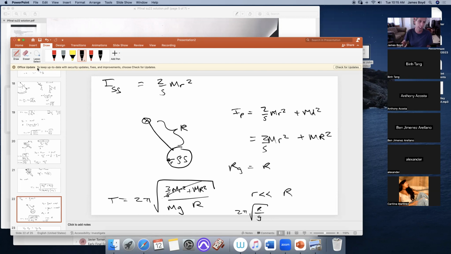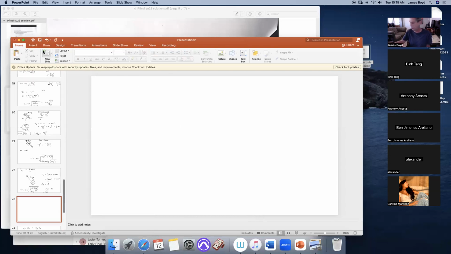For instance, imagine, and we'll do this in a minute, that you have a massless rod. The rod has no mass, but I have a point mass at L to the half, and then I have another point mass at L. The moment of inertia of a point mass is mr squared.